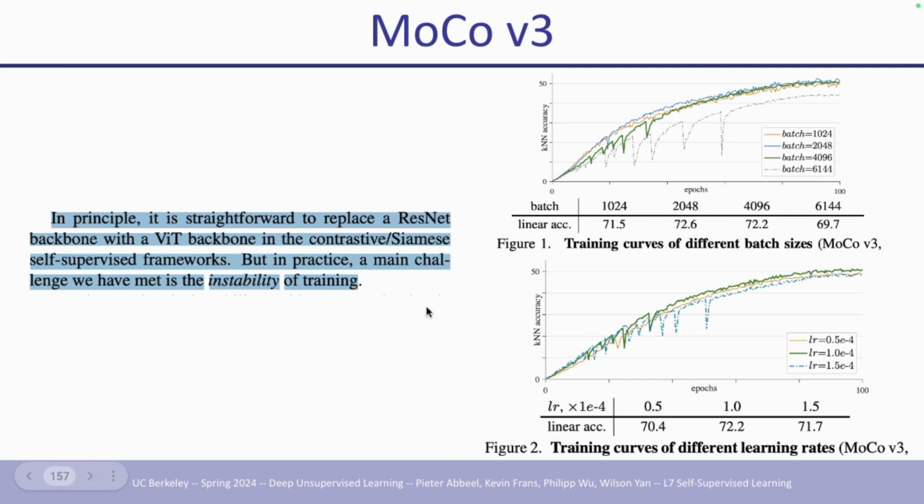So they noticed that when scaling to a ViT, you actually result in a lot of instability, and that's seen over here, where when we increase the batch size, you see all these blips in training. This also happened regardless of the learning rate.